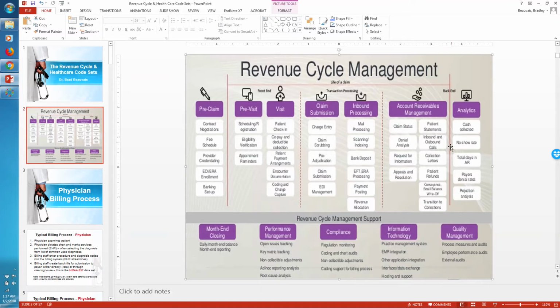That's on average. Of course there are better operators and worse operators, but if we can decrease accounts receivable by a day, or by 3, 4, 5, 6 days overall, we're talking about millions of dollars for any large organization. So the more efficient this is, the better we are.